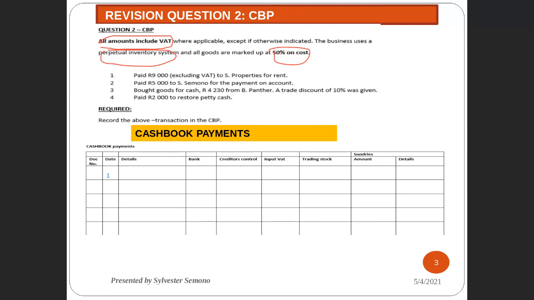So under the details, we write S properties. Now, who can tell me which one is the main account here? Which column is the main account?